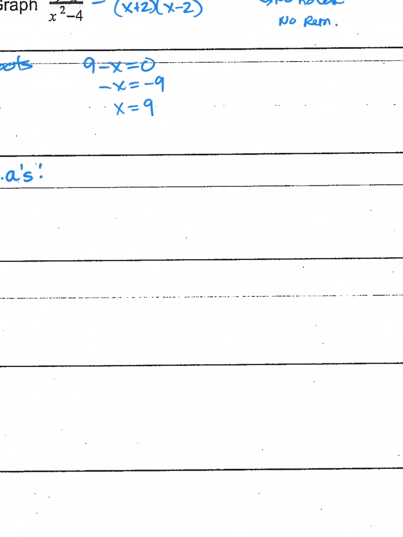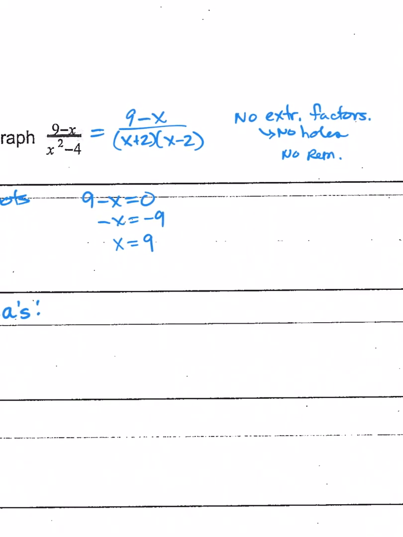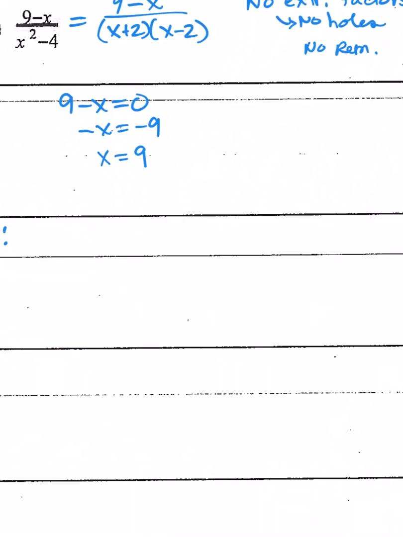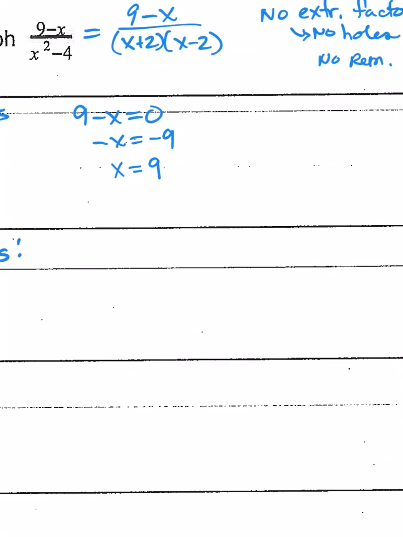Vertical asymptotes. Are we going to have a vertical asymptote? Yeah. How many? 2 turns out. 2 vertical asymptotes. X plus 2 equals 0. X minus 2 equals 0.